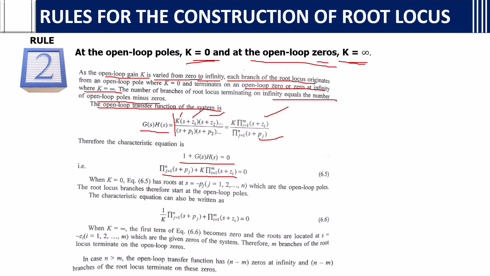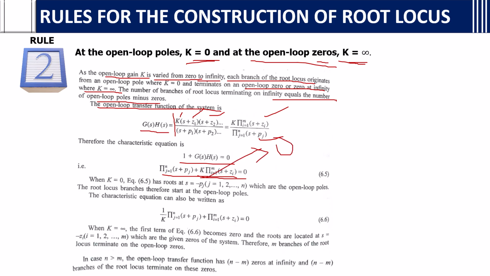So when k equals 0, what happens? Equation 6.5 has roots s equals minus pj. Why? Because k will become 0, this whole thing will become 0.